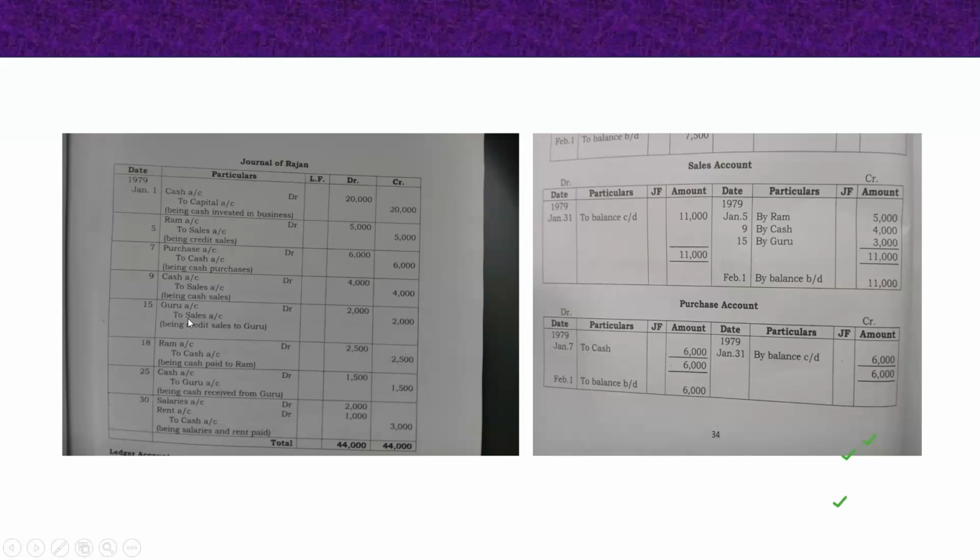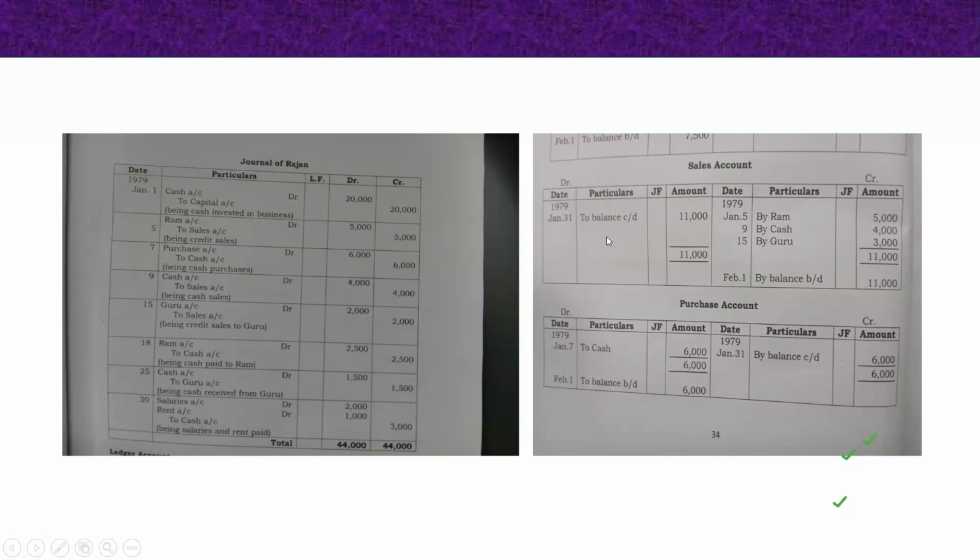And again, a credit sale to Mr. Guru for 2,000. Nothing else. So 3 sale transactions have been done, 2 being credit sales and 1 being a cash sale. If you add up all 3, 5,000 plus 4,000 plus 2,000, it comes to 11,000.